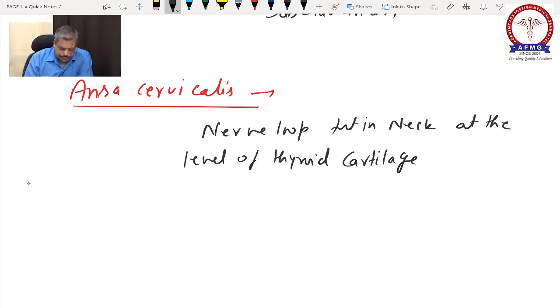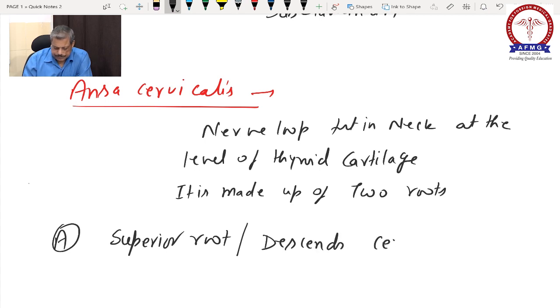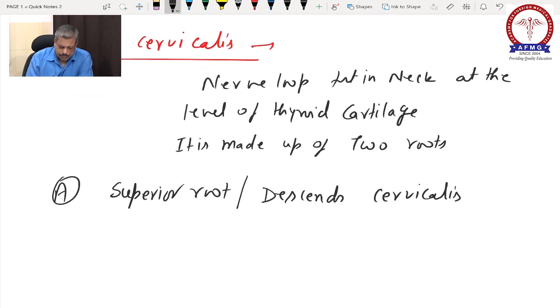It is made up of 2 roots. Number 1 is the superior root of ansa cervicalis, which is also known as the descendens hypoglossi.